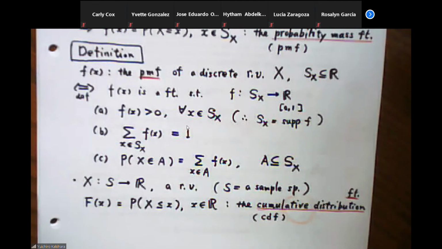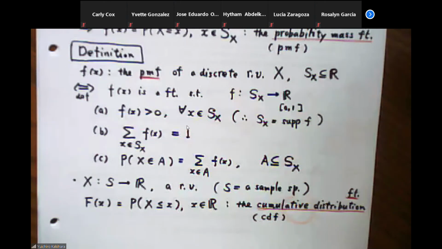One more thing will appear for the continuous random variable: the probability density function, PDF. It's like a PDF file, but PDF here means probability density function. PDF, PMF, and CDF are the ones we're going to use later. PMF for probability mass function, CDF for cumulative distribution function. So I want you to get used to them.